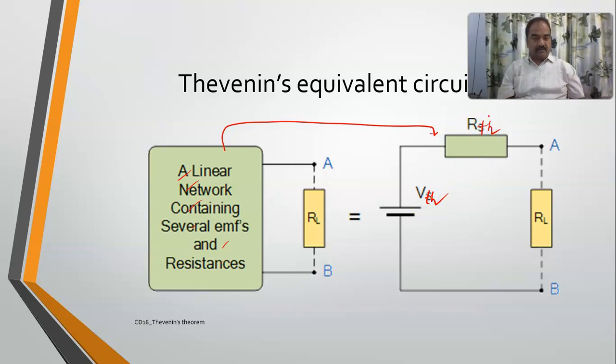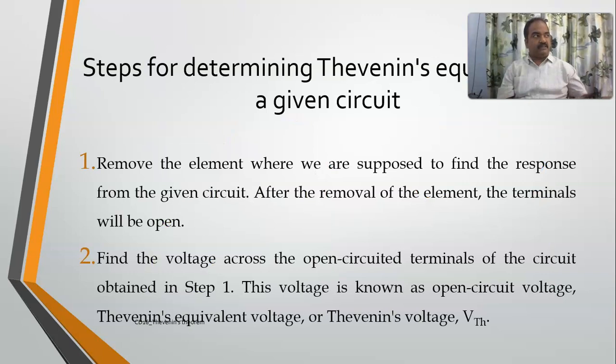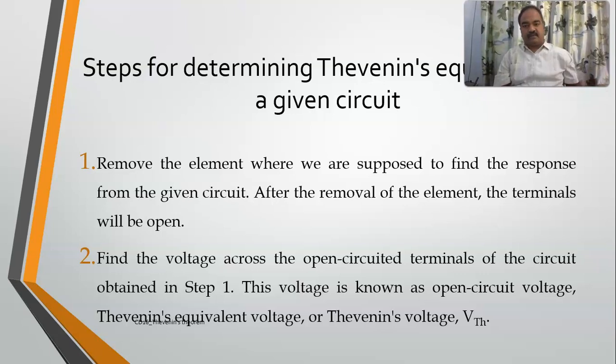So what is the procedure for determining the Thevenin's equivalent of the network? The first and foremost step is that you remove the element where we are supposed to find the response.